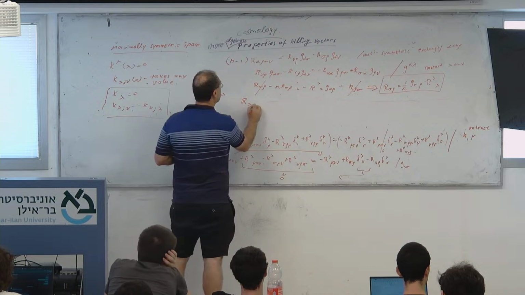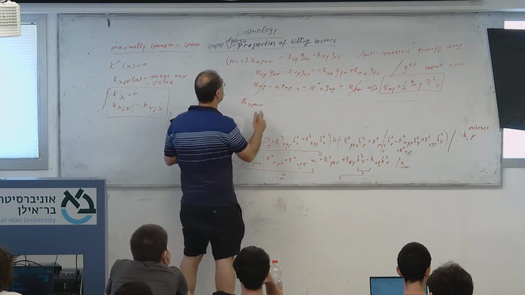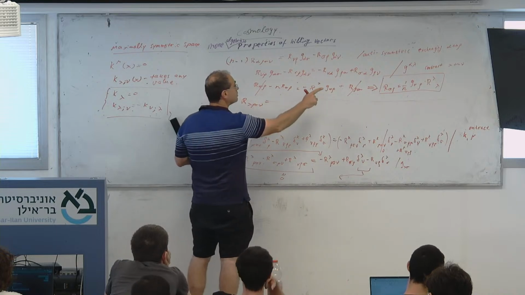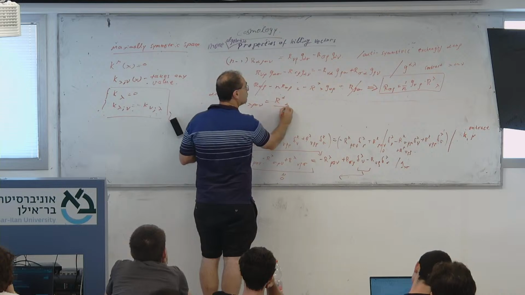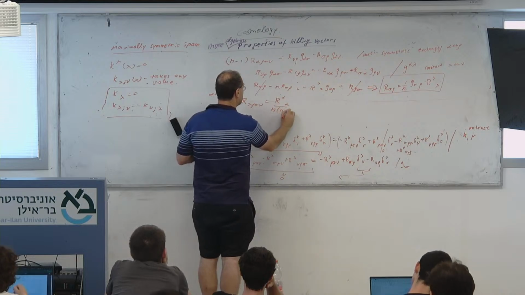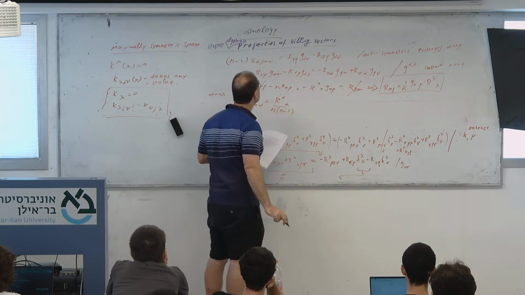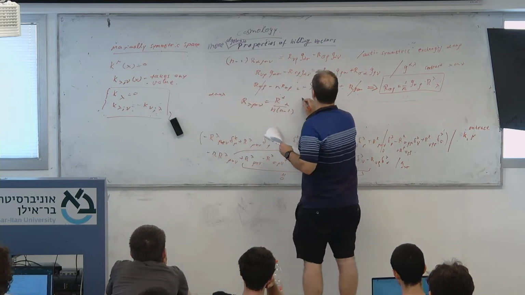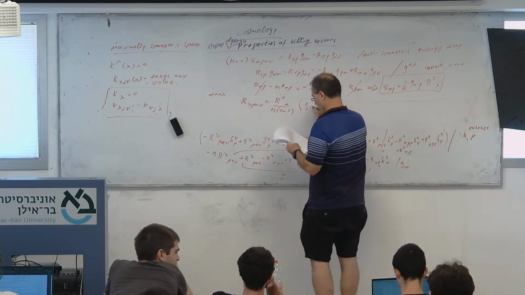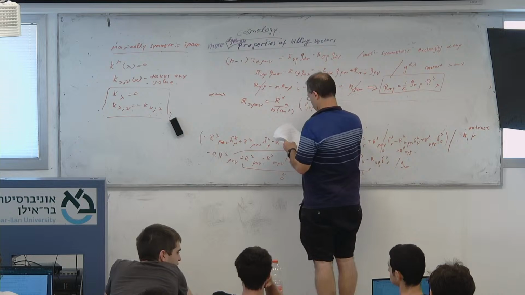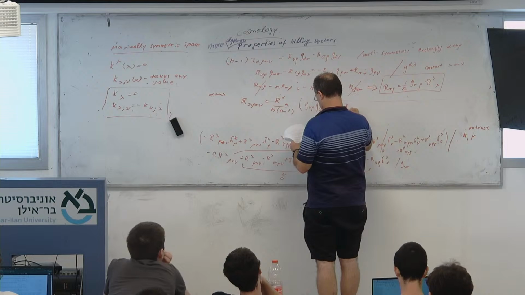So R lambda rho sigma nu is R alpha alpha over n minus 1 times G nu rho G lambda sigma minus G sigma rho G lambda nu.